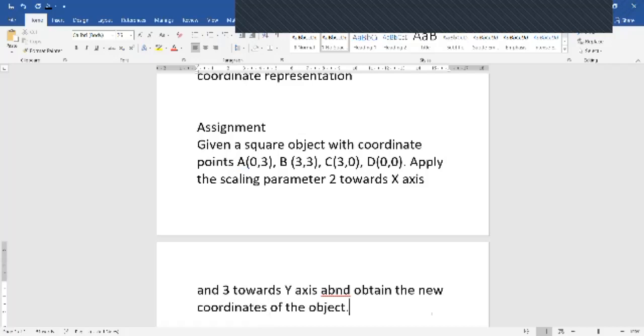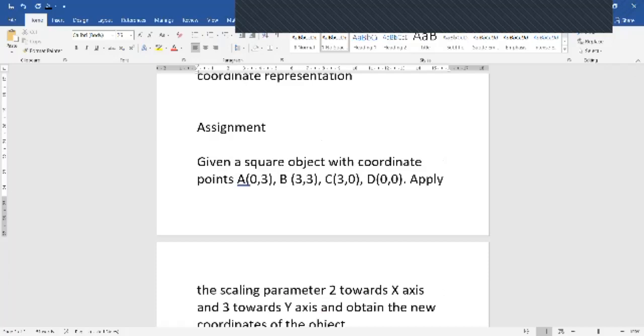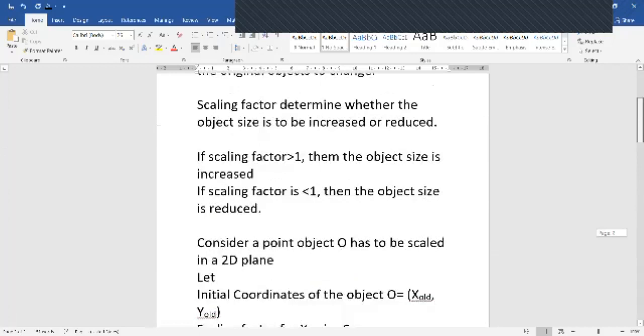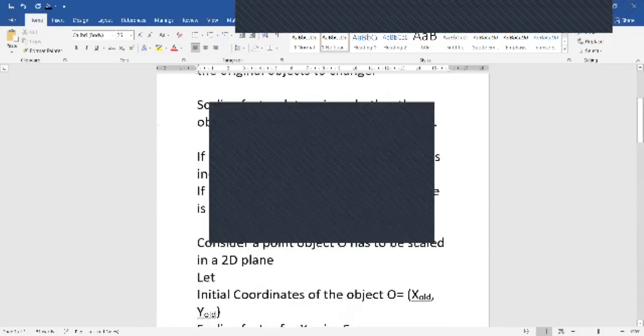So this is the assignment which can be solved after understanding the concept of scaling. Since the scaling factor is greater than 1, we know that the object size is increased. It means the size of the object has to be increased.